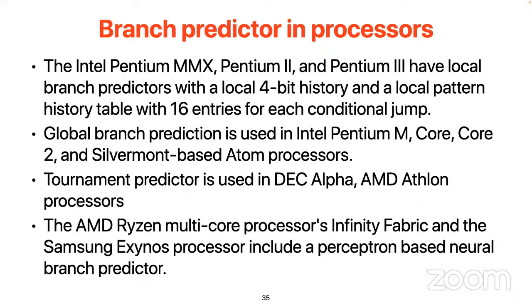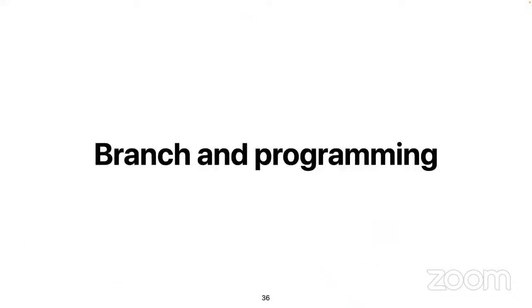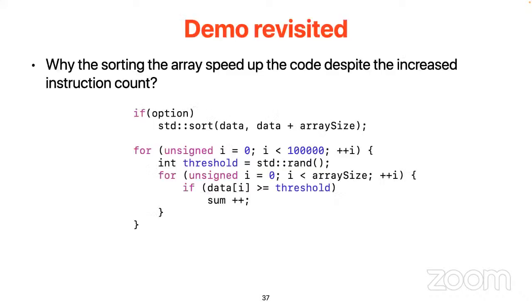For example, the latest AMD or Samsung products use a perceptron-based neural branch predictor, which is amazingly complex. But for us, being programmers, it's more important to figure out how the branch predictor would affect our programming.